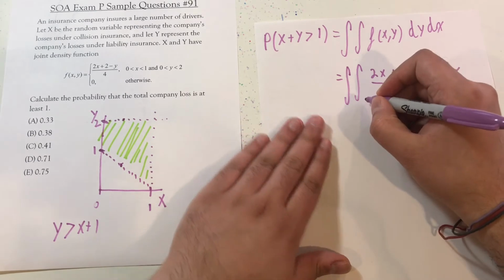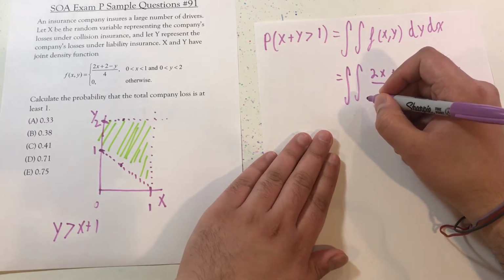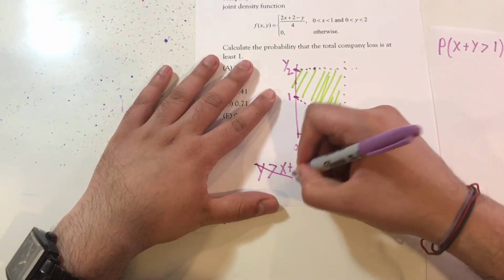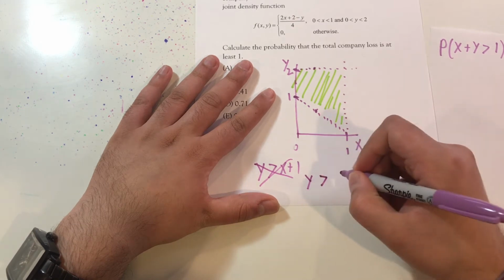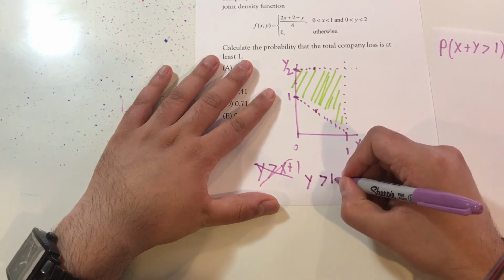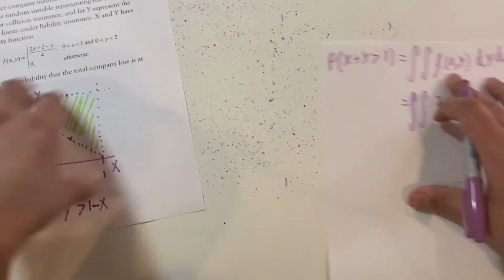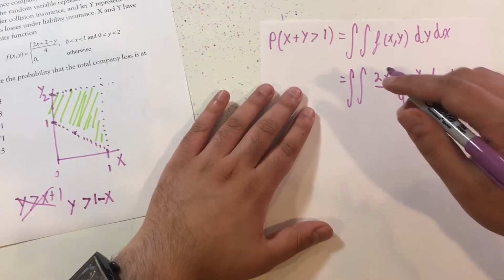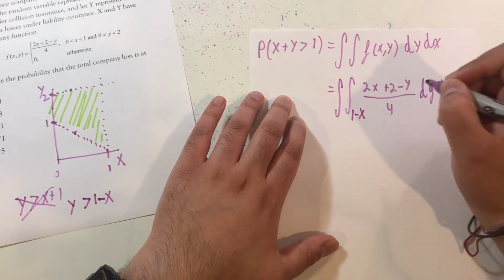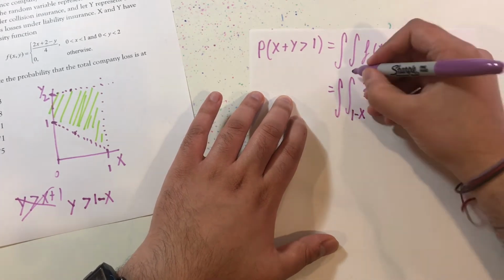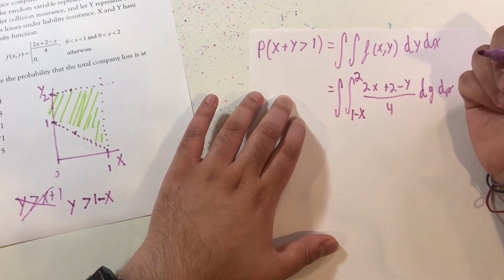Actually, be very careful. It should be y greater than 1 minus x. That's the line y greater than 1 minus x, so the lower limit is 1 minus x. I knew that looked weird. And I go all the way to 2.